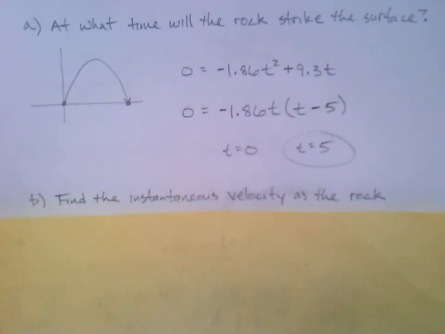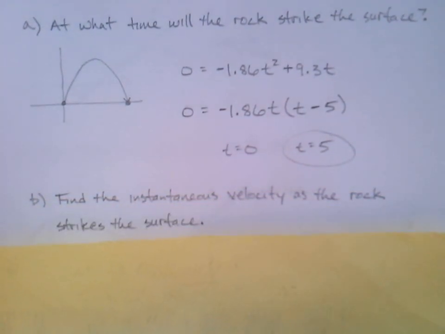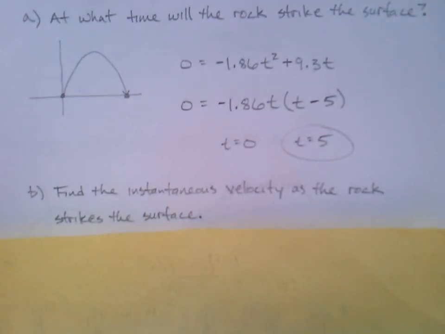Part B. Here comes the calculus. Find the instantaneous velocity as the rock strikes the surface. How fast is that rock moving at the instant it makes impact with the ground? Be a good question to know. Obviously, the higher up it goes, the faster it is when it hits the ground.